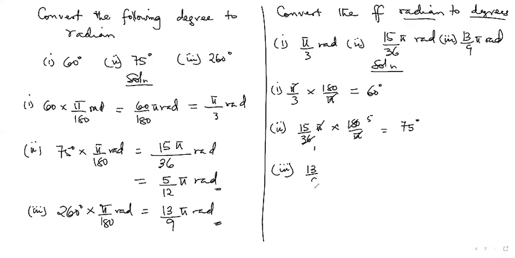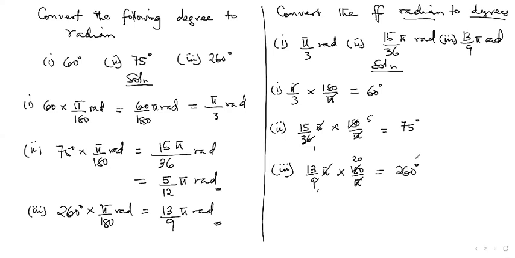Last question, 13 over 9 pi radian to degrees. We multiply by 180 over pi. The pi radian will cancel. Then 9 into 9 is 1, and into 180 is 20. Then 20 times 13 gives you 260 degrees.